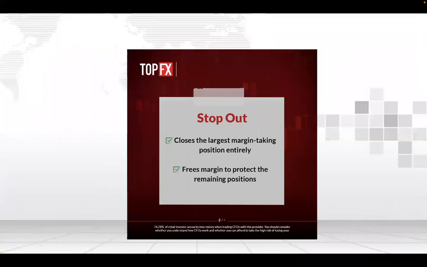The classical stopout closes the largest margin-taking position entirely. It doesn't matter if this is in profit or not. It's closed automatically and frees margin to protect the remaining positions, right?